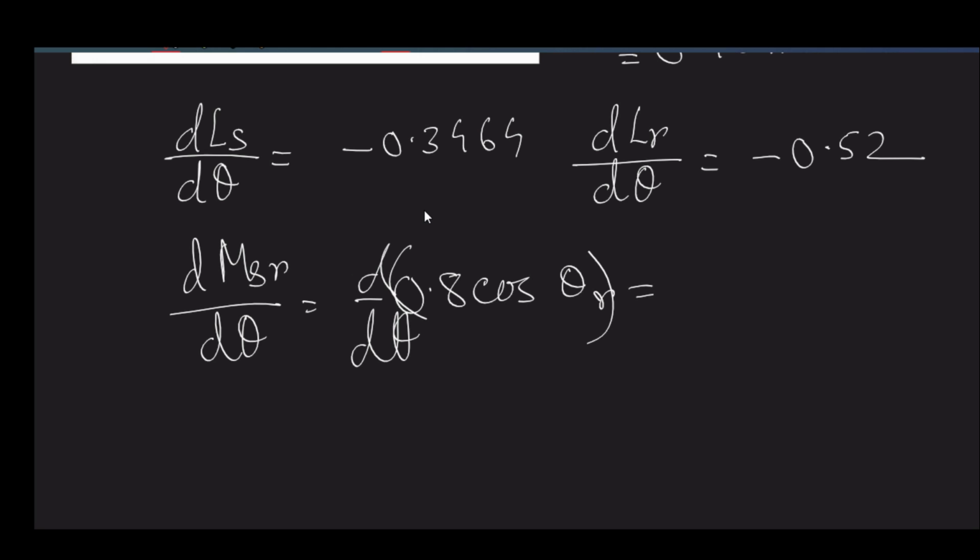The expression was 0.8 cos theta. So how do we get dLSR by d theta? 0.8 and then minus sin theta. For the other two, dLS and dLR, you do the same thing, and it will give you minus 0.693, right?